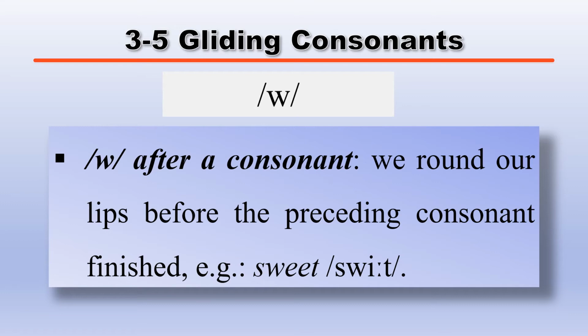We say sweet, sweet, not "siwi", no. We round our lips as we produce the sound se, which is preceding the vowel, or the approximant w, or the gliding w.